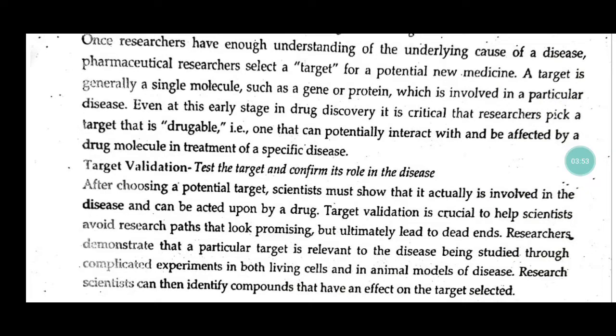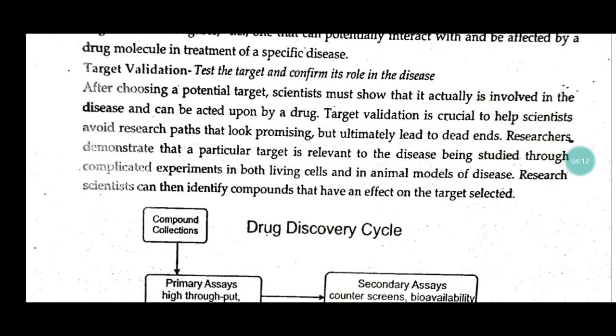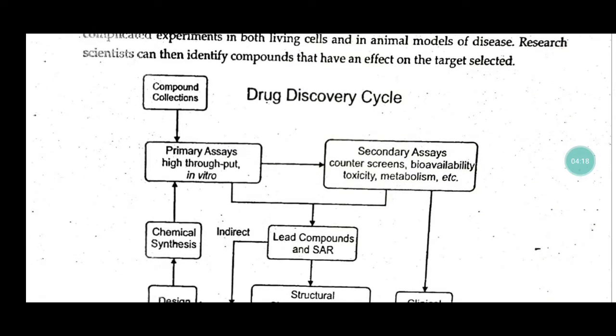Researchers demonstrate that the particular target is relevant to the disease being studied through complicated experiments in both living cells and animal models of disease. Research scientists can then identify the compounds that have an effect on the selected target. So this is the drug discovery cycle, or the development of a new drug.